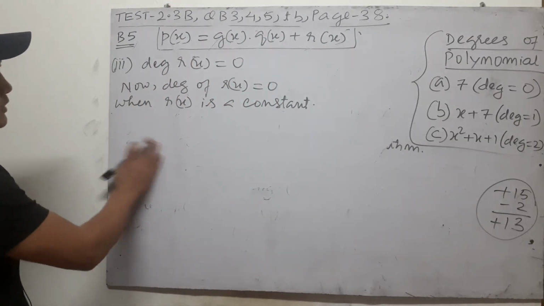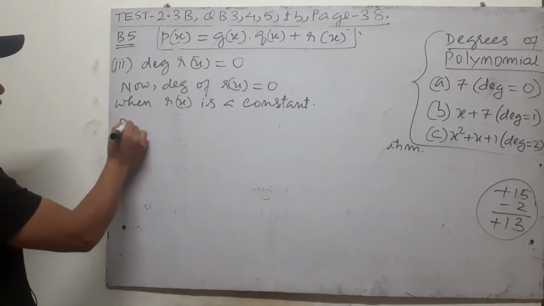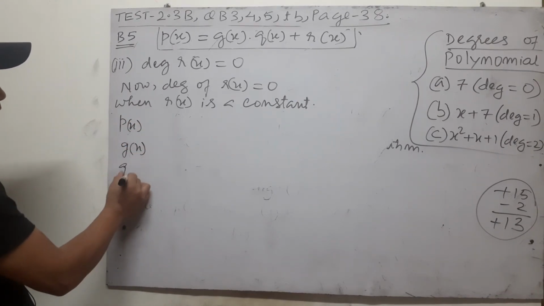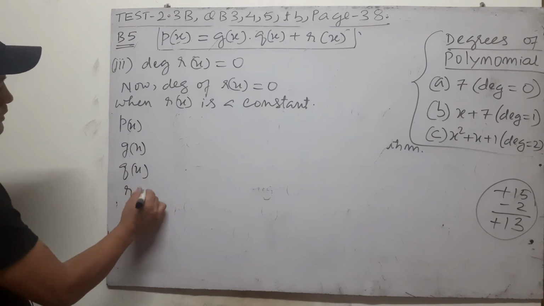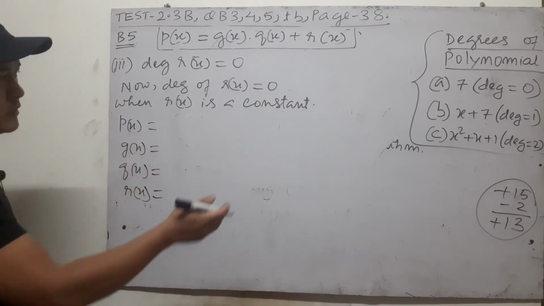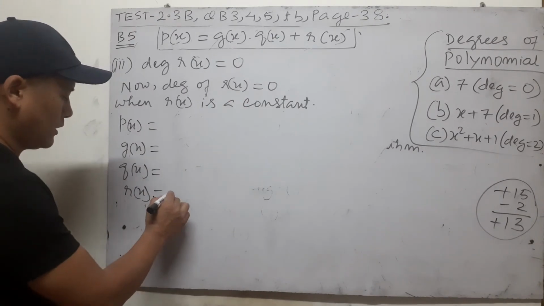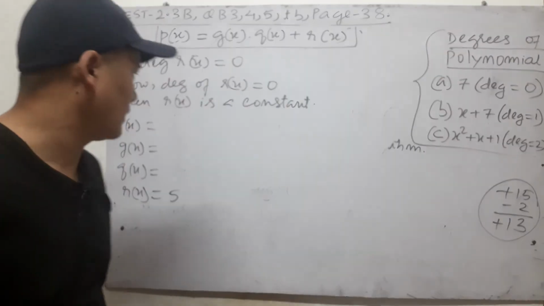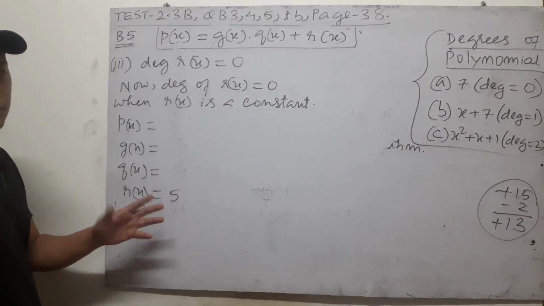So you can just choose here now. Therefore, p of x, we don't know here. g of x, q of x, r of x. Let's choose now. R of x is compulsorily a constant, because only when it's a constant, let's say 5, then the degree will be 0, right? You could have chosen 2, 3 also, up to you.